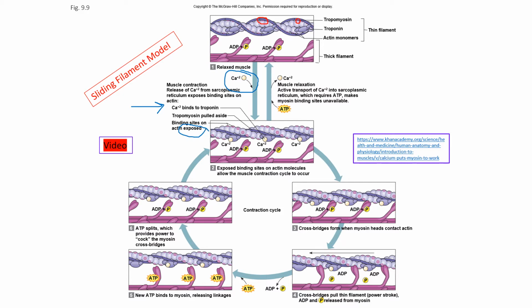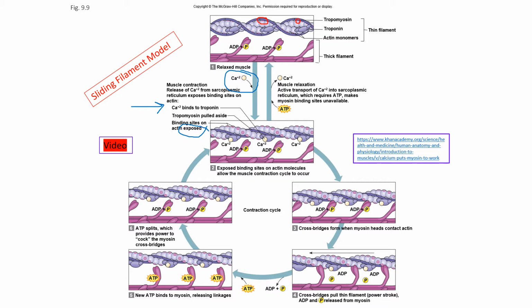Well, they're now exposed, right? They're open. They're available to interact with those cross bridges of the myosin. And that's indeed what's going to happen next. So the calcium binds to the troponin, the tropomyosin moves off to the side, the myosin binding sites on the actin are exposed. Let's just kind of work around our little cycle here.